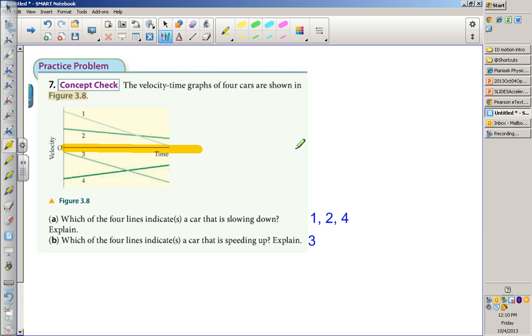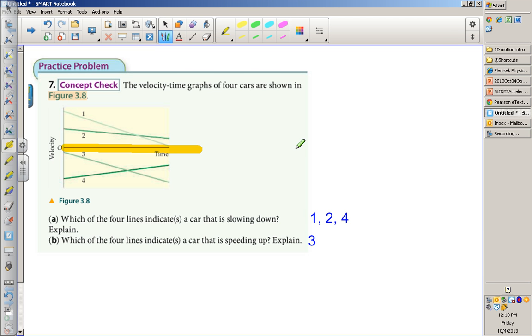It is not moving because the y-axis on this graph represents velocity. And so if something is on the x-axis, what's the y value of that graph at that point? 0. And if something is at 0 velocity, that means that it's not moving. Okay?